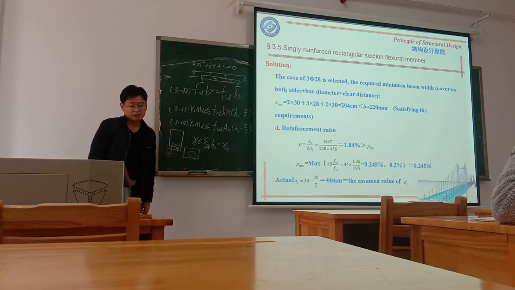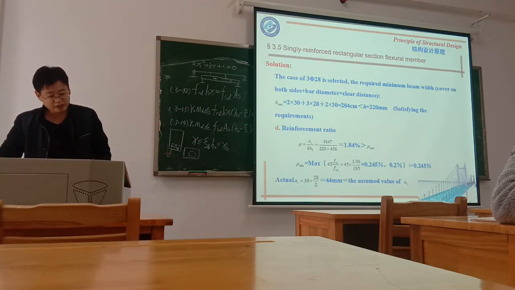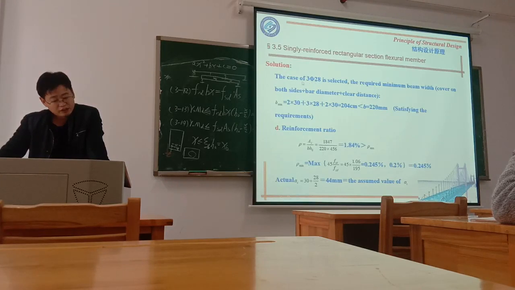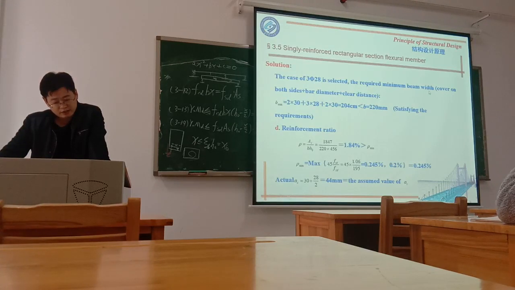Okay, once you get the AS, then you select the real reinforcement you use. Now in this question, they select 3 bars with diameter 28. So the required minimum beam width is the cover on both sides plus the bar diameters plus the clear distance.